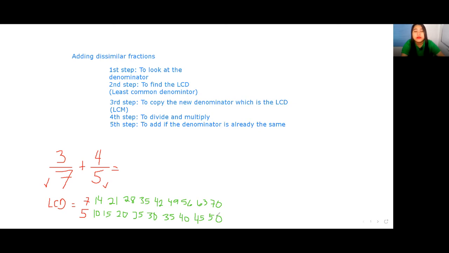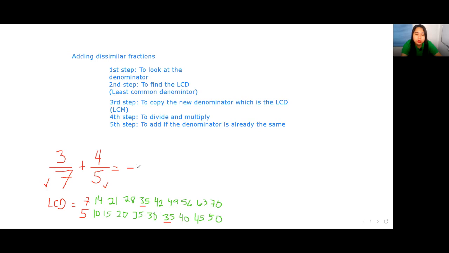Now, let's look for the common number in the multiples of 7 and 5. When you say common, it means it is the same number. We can see that 35 is a multiple of 7 and also a multiple of 5. So, the LCD of our fractions is 35.